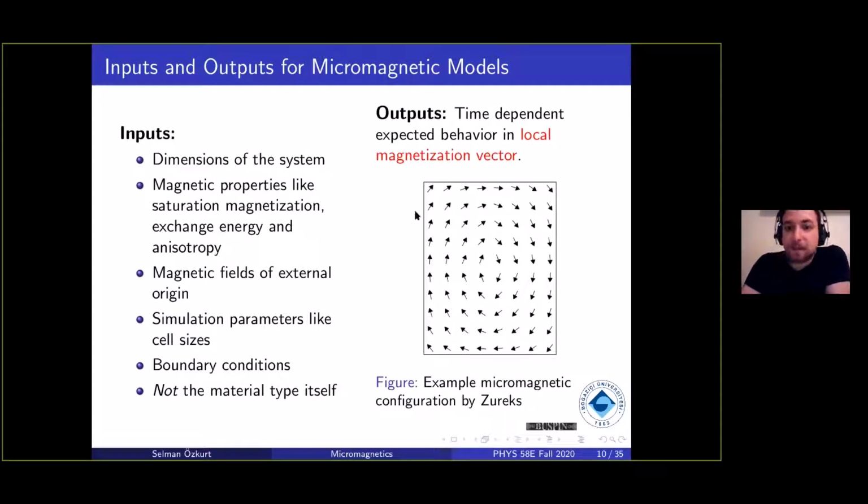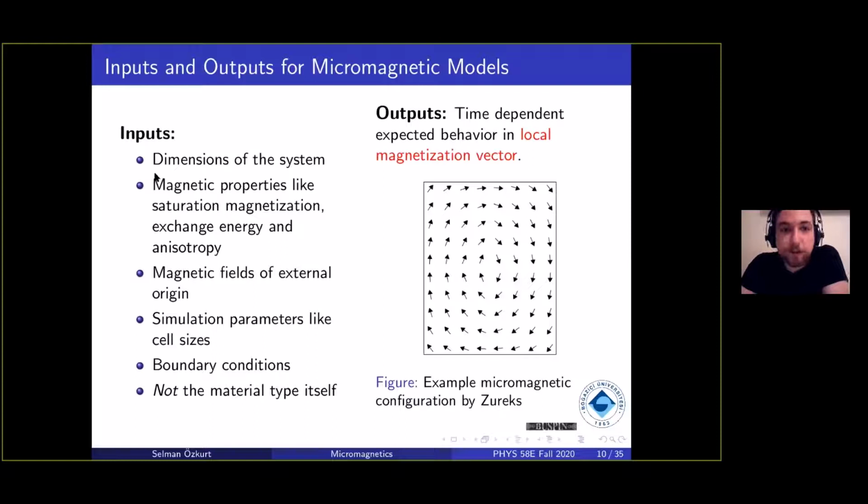So it's a vector field, magnetization vector, and its time-dependent behavior, because it's a dynamic simulation, and in most cases, what we actually want to see is the dynamic behavior of this system. Therefore, what we get is a distribution of tiny magnetic regions, magnetizations, with respect to time.